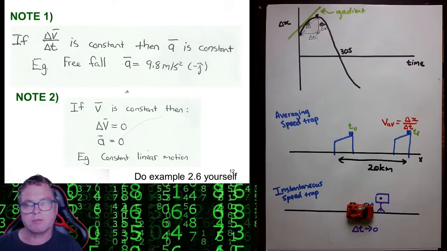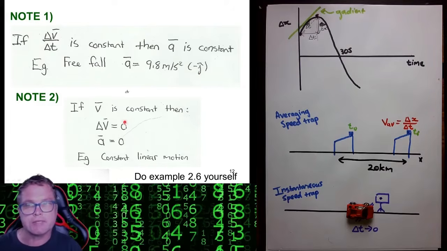Here we have some consequences that follow. If the change in velocity with time is constant, then acceleration is constant. Remember, acceleration is defined as the change in velocity with time. An example of this is free fall, where we have the Earth's gravitational constant being 9.8 meters per second squared in the negative j hat direction.